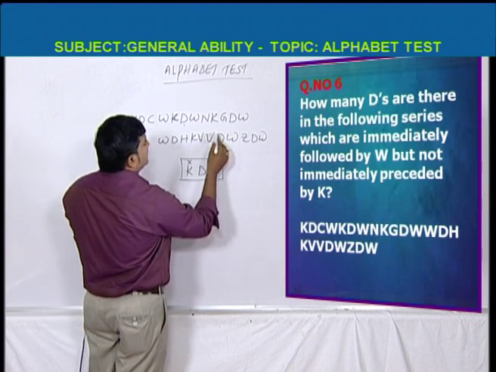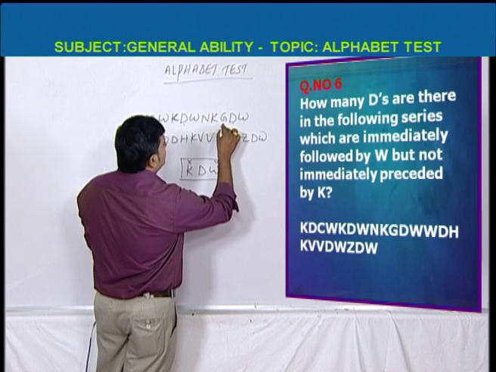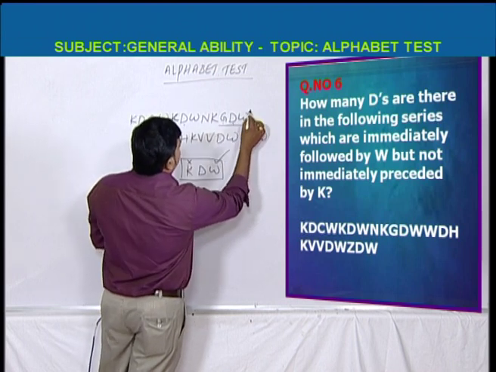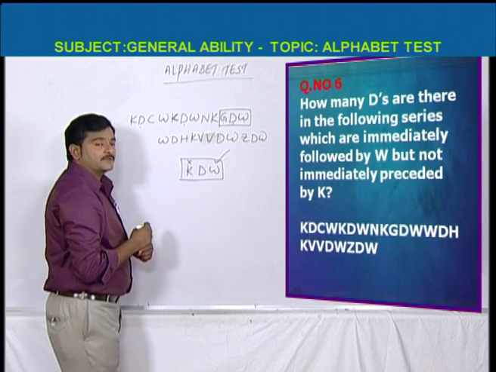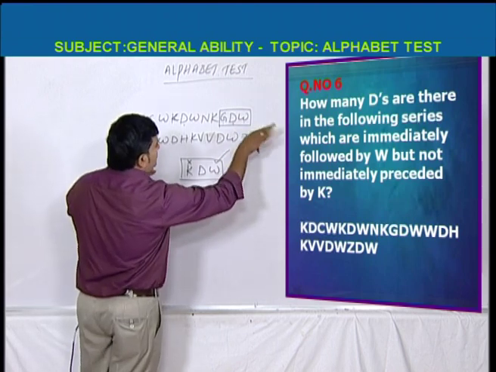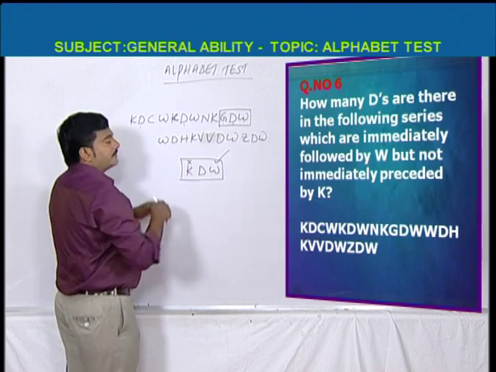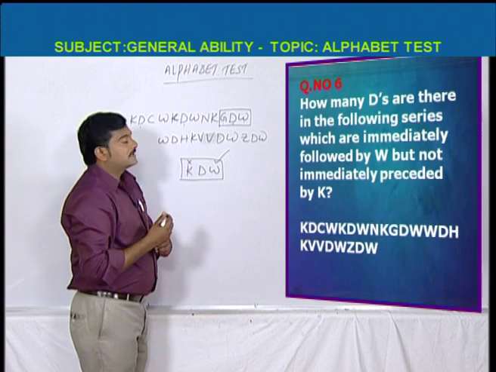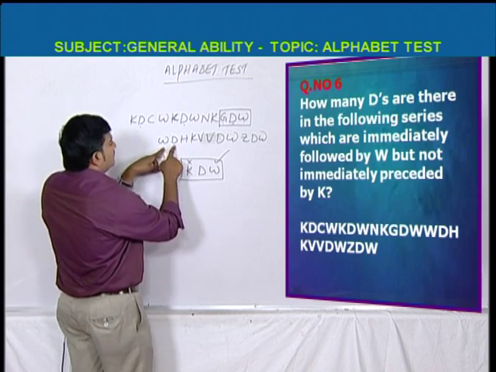Okay. And the next one, observe here, this D is followed by W but not preceded by K. That's why GDW, that word also you can take. And the following sequence, complete sequence. After W, again W is given. So after G, D, W, again W is given.